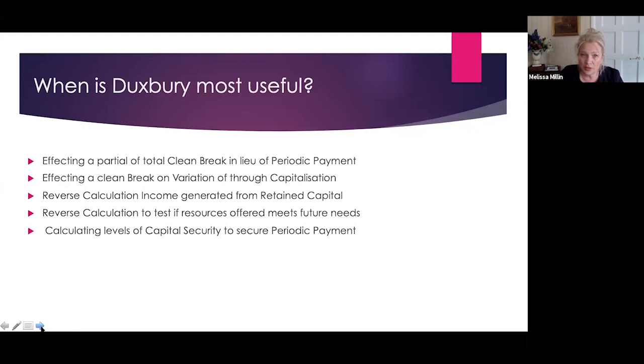It can also be used as a reverse calculation to look at what the income would be generated from the retention of capital. And it can also be used as a reverse calculation to test if the resources there are sufficient to meet the future needs. And on that basis, it can calculate levels of capital that are needed to secure future periodic payments.